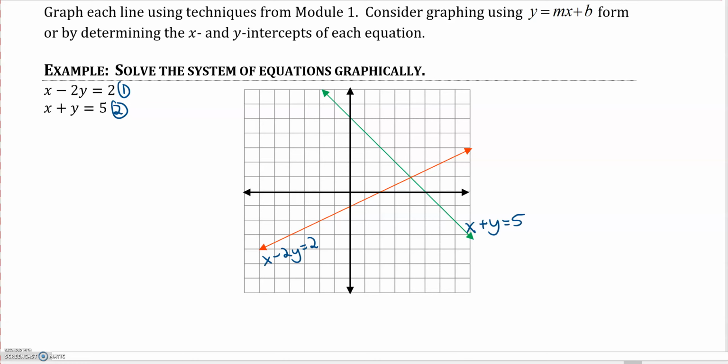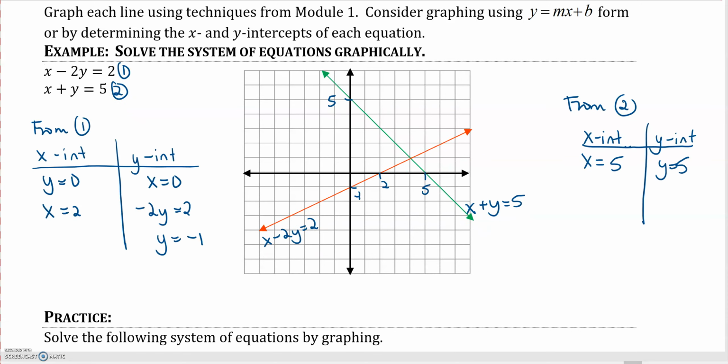Each of these equations can be graphed as lines independently by either using the x and y-intercepts of each equation or by graphing using the slope y-intercept form where y is equal to mx plus b. I've included all the work here to solve for the x and y-intercepts of each equation, and if you need a review of the method, please refer to the videos in Module 1.